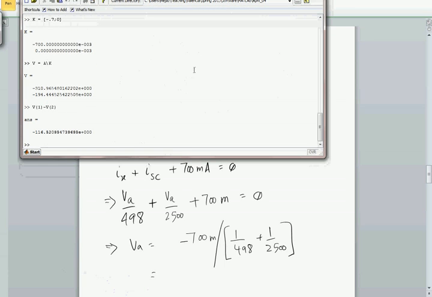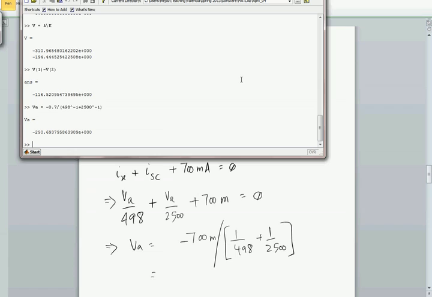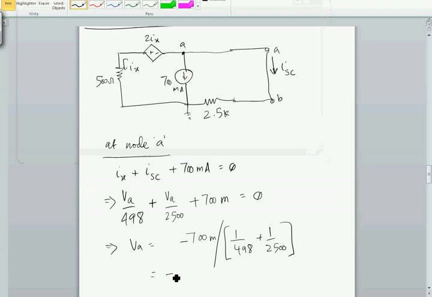Let's see. Negative 0.7 divided by 498 inverse plus 2500 inverse, and let's assign this to VA. Negative 0.7 divided by 498 inverse plus 2500 inverse. Okay, so I got VA to be negative 290.69 volt.